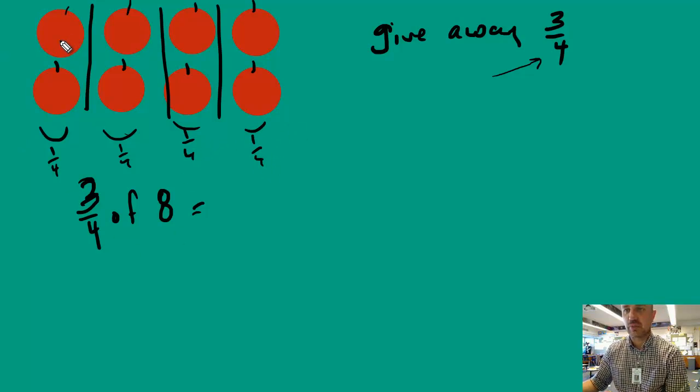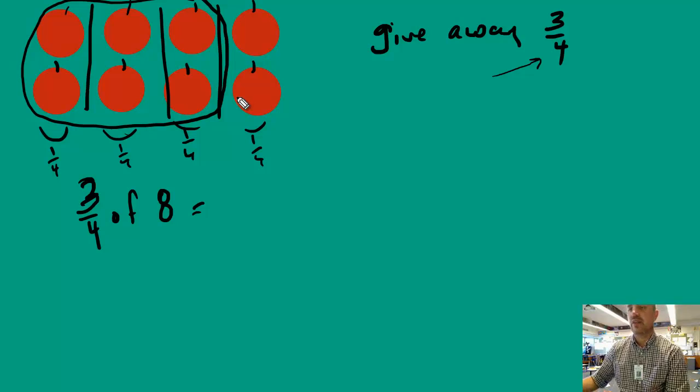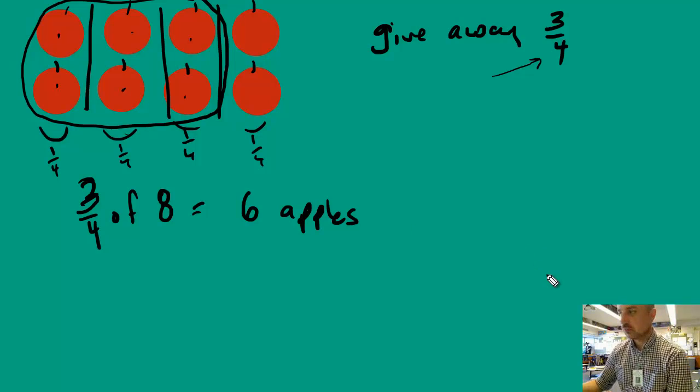And if I have 3 of them, that would be these 3 right here. If I counted those up, I would get 1, 2, 3, 4, 5, 6 apples, right? So 3/4 of my 8 would be a total of 6 apples.